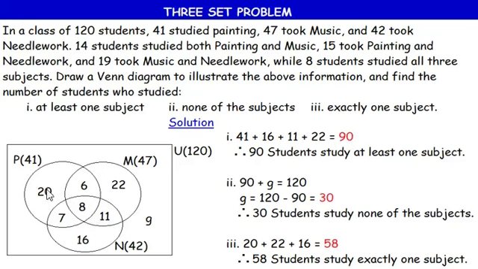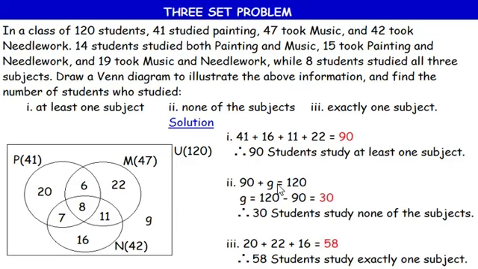So region 1 plus region 2 plus region 3 plus 4 plus 5 plus 6 plus 7 give us 90, right? So 90 plus J must give us what? Our universal set. So the 90 constitutes region 1 to region 7.